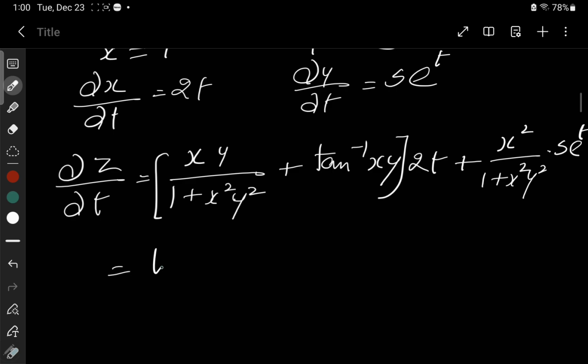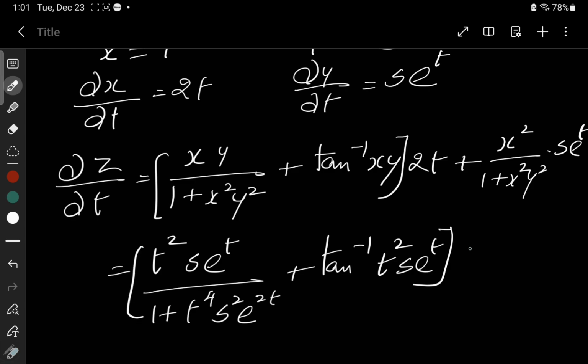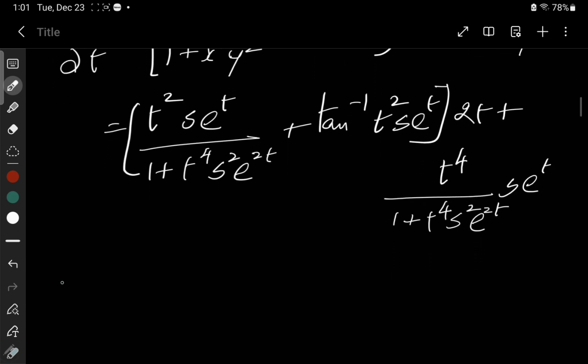Just write x as t squared, y is s into e power t, divided by 1 plus t squared, t power 4, s squared e power 2t, plus tan inverse of t squared times s e power t, into 2t, plus x squared t power 4 divided by 1 plus t power 4 s squared e power 2t, s e power t. That's all. Now replace s as 1, t as 1.